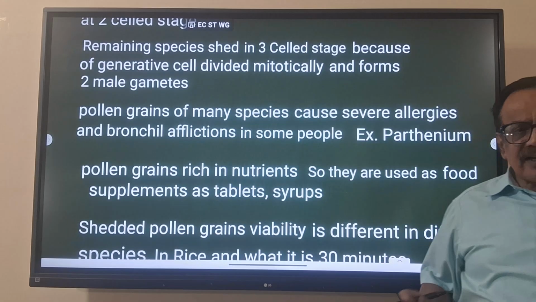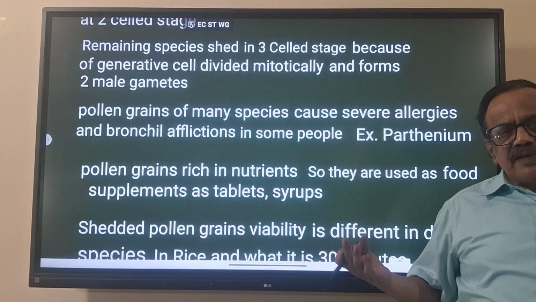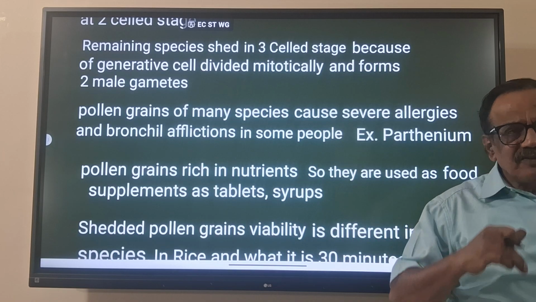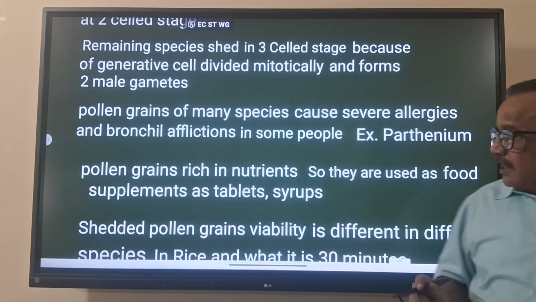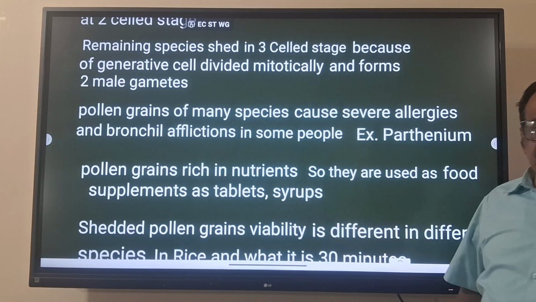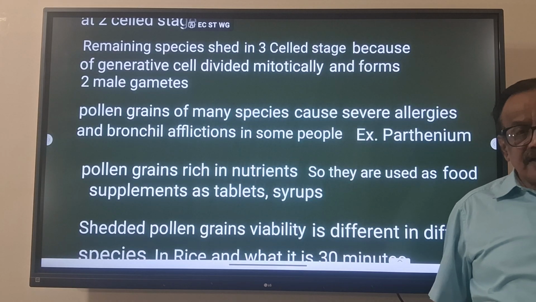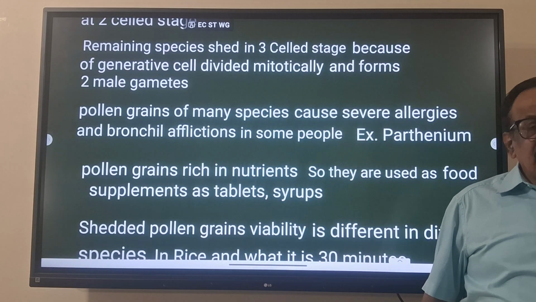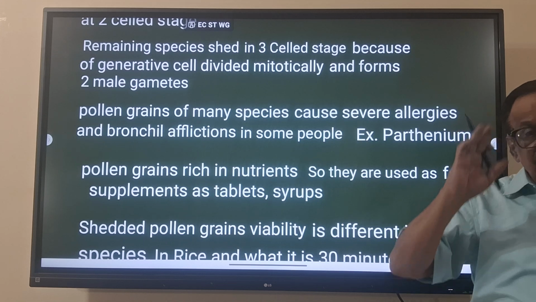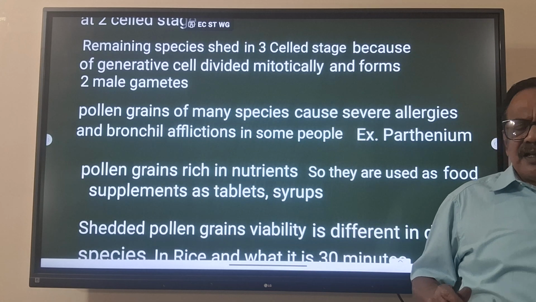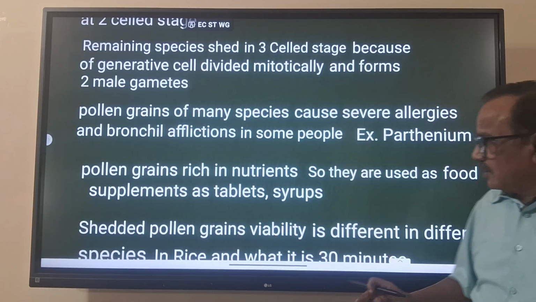Whatever food material is there is meant for pollen germination and pollen tube formation, but nowadays we are eating those pollen grains in the form of tablets and syrups because they are rich in food material, sugars, and all the things. Mainly athletes and race horses use this, and for other purposes too.